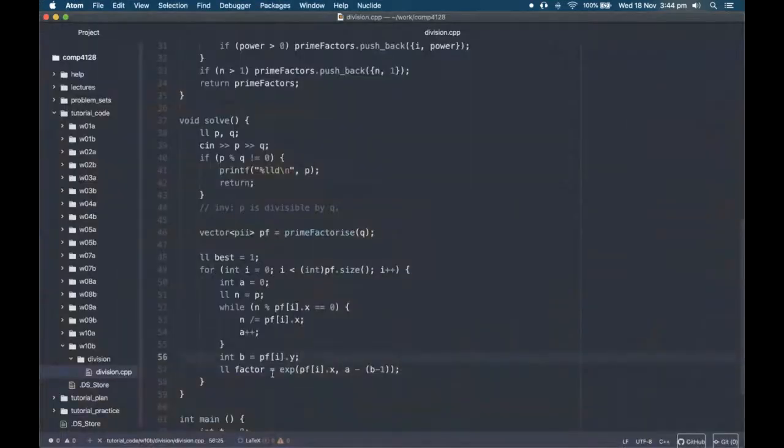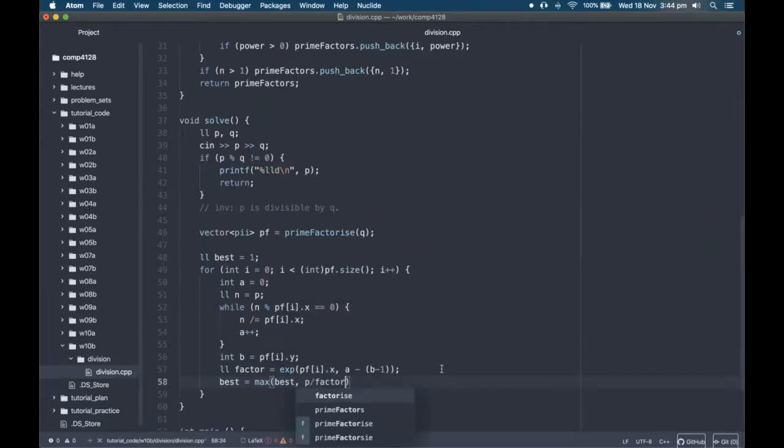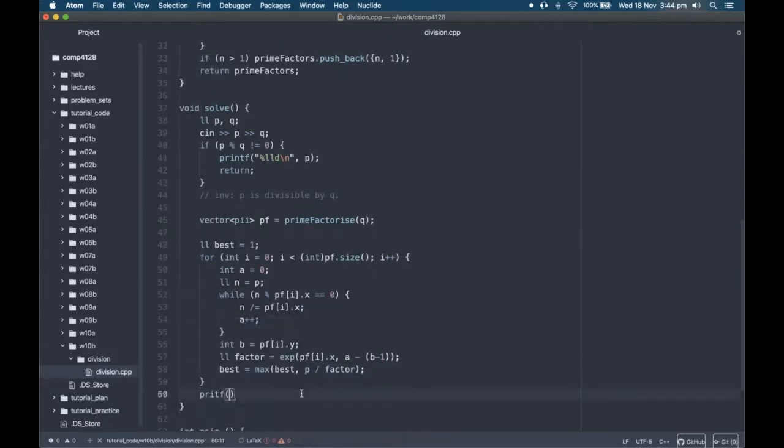So this is going to be the factor, and of course, best just equals the maximum of best and p divided by factor. So p divided by factor is going to be the value of x that we calculate. We just need to divide p by this factor to get the value of x. Then we can print out the best.